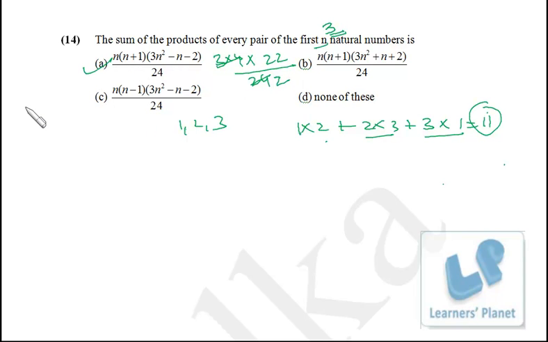All the other expressions, whether C or B, are different from this, because it is n plus 1 over here and n minus 1 over there. So you won't get the same answer in any other case, and you don't have to go for much verification. Option A is the correct choice. I hope you are getting it. This much paperwork is required to solve it, and if you go this way, the problem can be solved in less than 40 seconds.